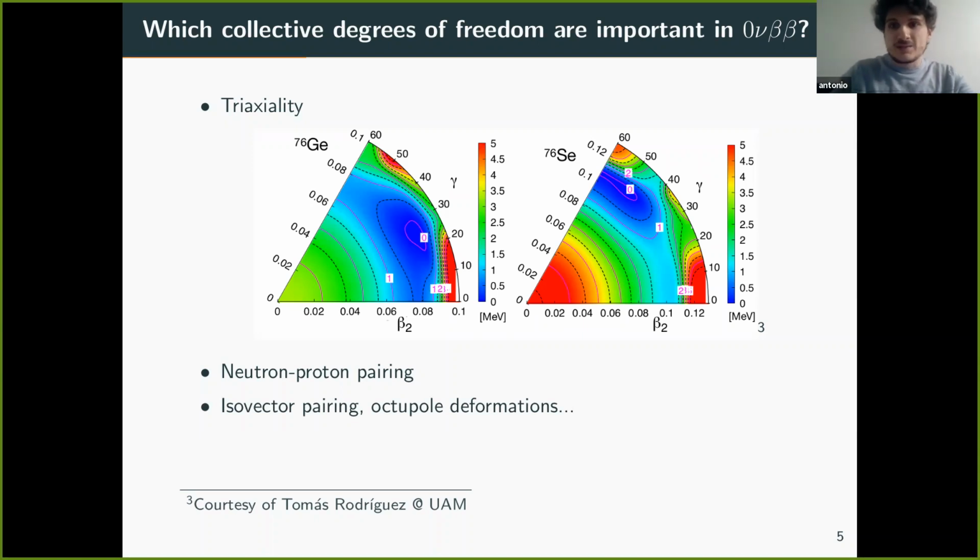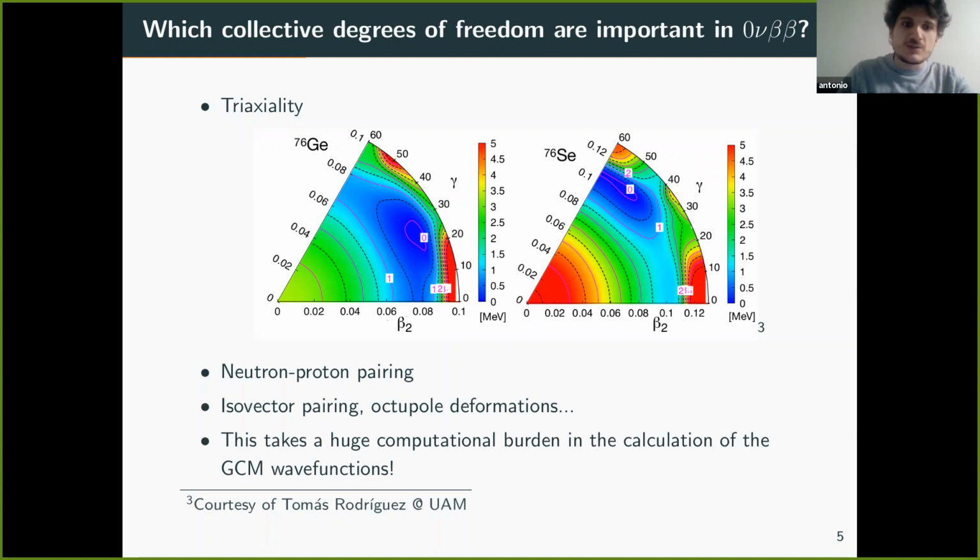But then the problem is that if we include all of these correlations, we need to take more and more mean field states, and therefore this will be a computational burden when we compute the ground state wave function using a GCM calculation. We can make a quick estimate of how many matrix elements we need to compute. Imagine this case of germanium, for example, and we take 6 points in beta, 7 points in gamma, and then let's say we want to include neutron-proton pairing with 5 points.